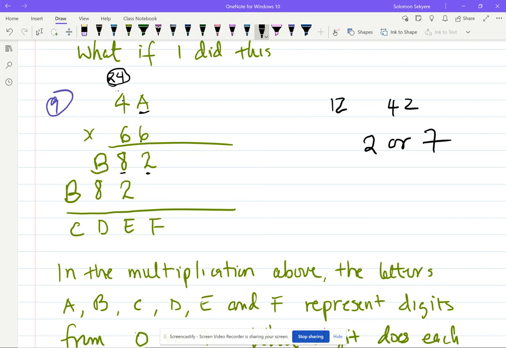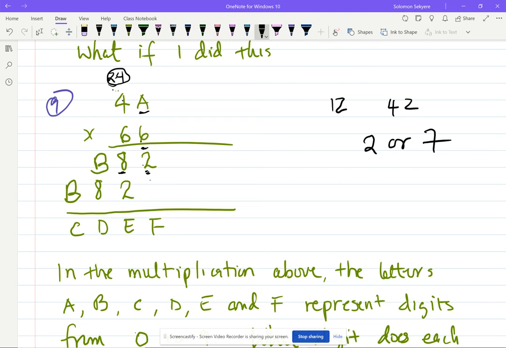So that means we added 4 to the 24 to get 8. So we carried a 4 from this multiplication, 6 times the letter A. We carried a 4 in order to add it to the 24 to get this 8. So now you come and ask, was it 7 or was it 2?